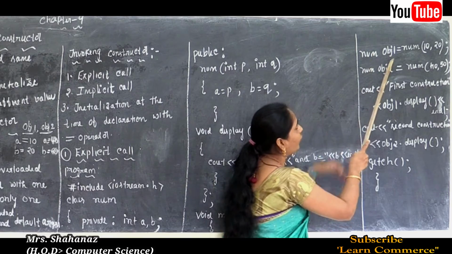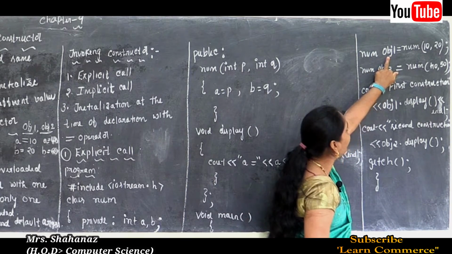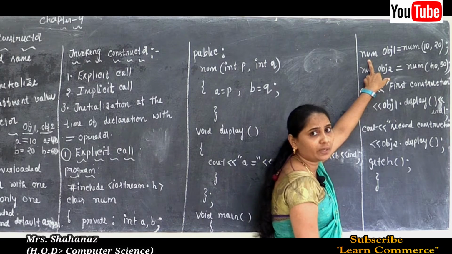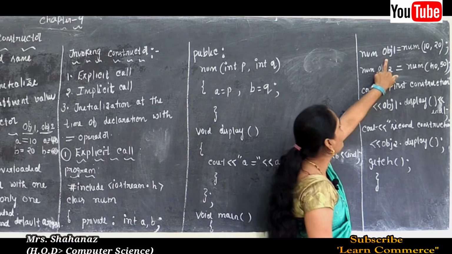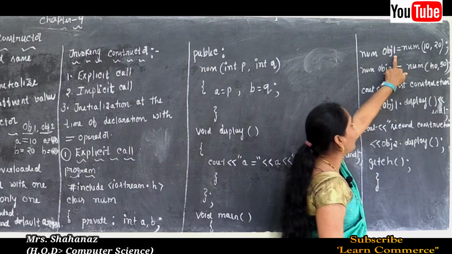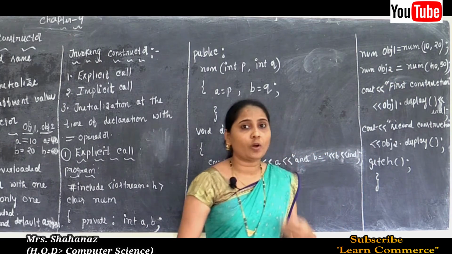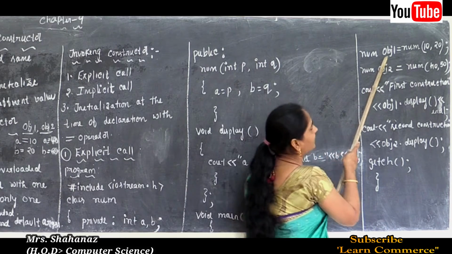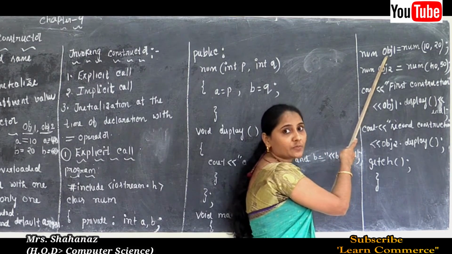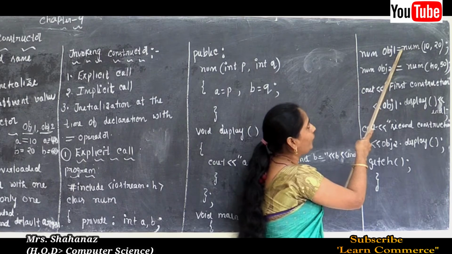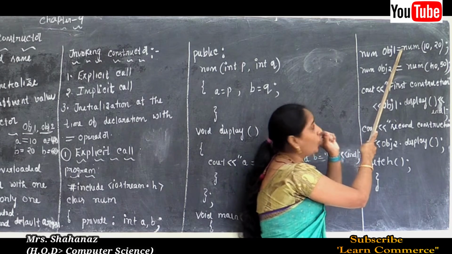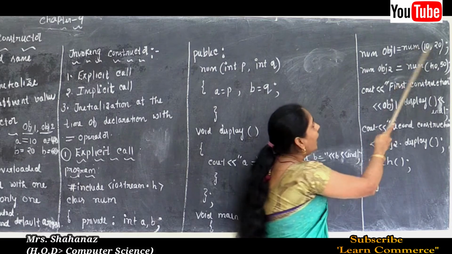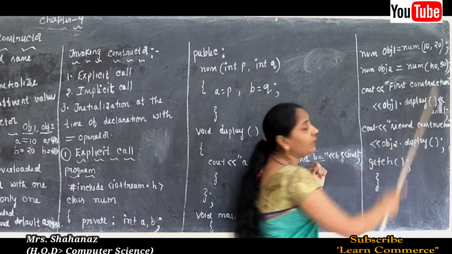So now how are we going to declare the object? Before declaring the object, what is the class name? The class name is num. So I am using num obj1. That means I declared the object, but it is the example of the explicit call. So the explicit call means the declaration of an object is followed by the assignment operator, the equal sign, and the constructor name, that is num here, and the argument list enclosed within parentheses.